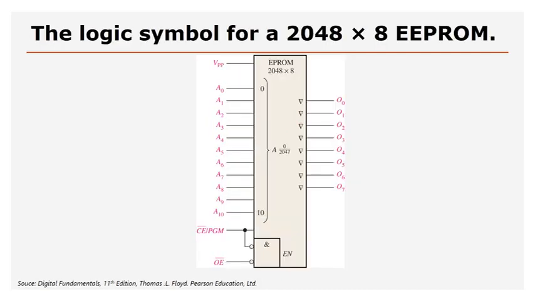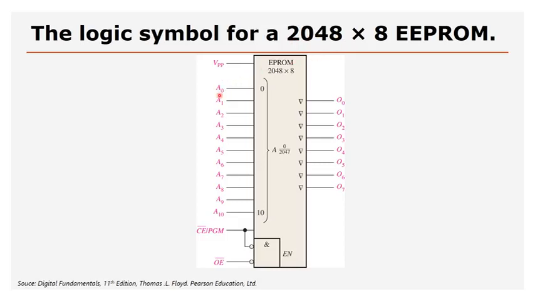So if I can just quickly look at this EEPROM. As you can see, it says this is a 2048 by 8, which is actually a 2K by 8 EEPROM, or a ROM type of device. And if it's a 2K, of course, how do we get to 2K? It's equal to 2 to the power 11.